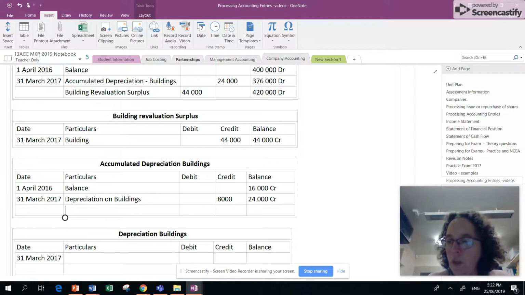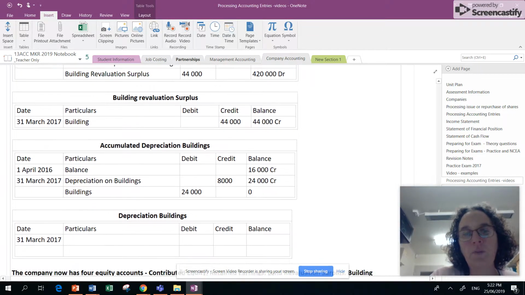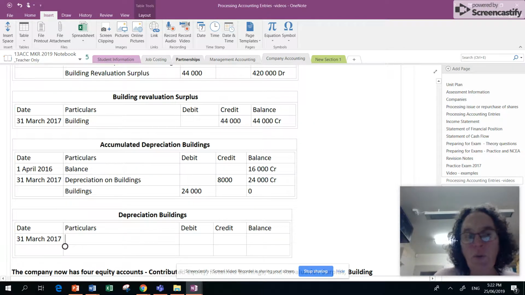Then we're going to have our transfer of it to the building account, and it's going to be a debit. This takes our accumulated depreciation account to zero, and it will start new with the new revaluation.